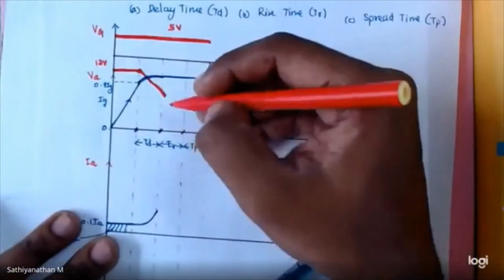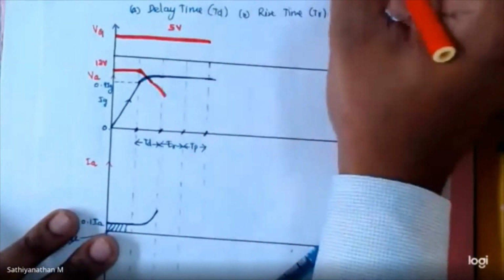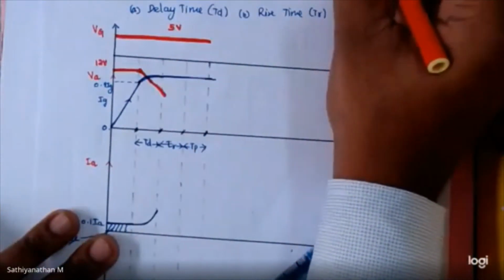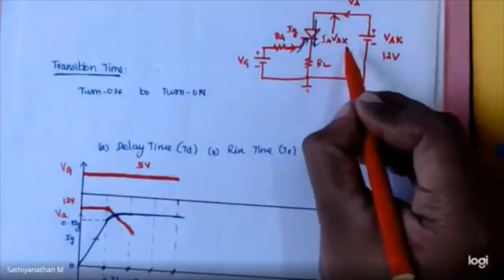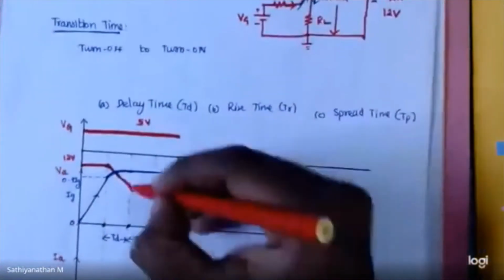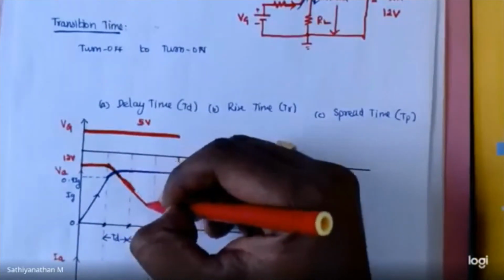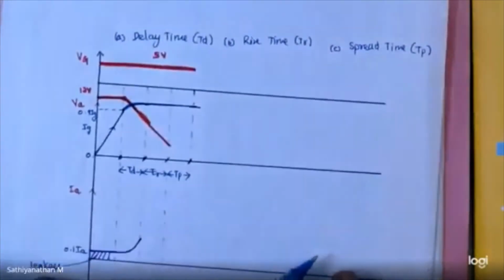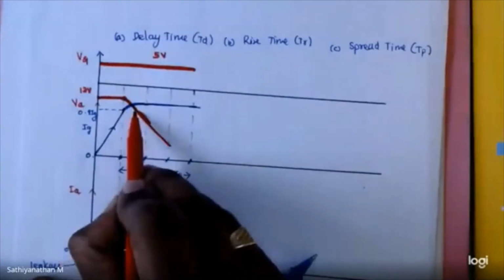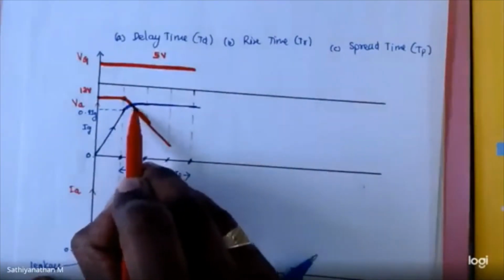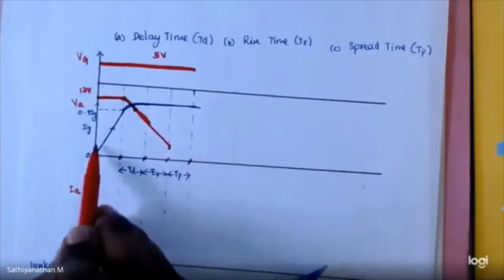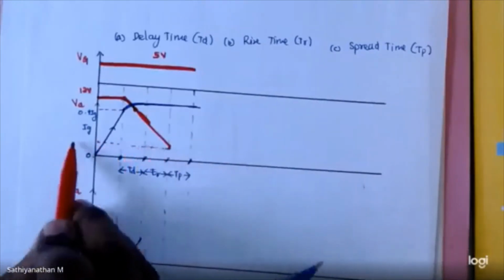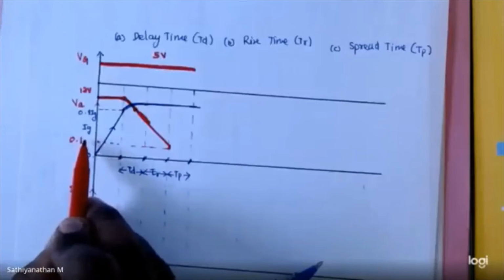If it starts to conduct, the voltage across the device, VAK, starts to decrease. So now in delay time, it is 90%. Now it is settled to some 10%, right?